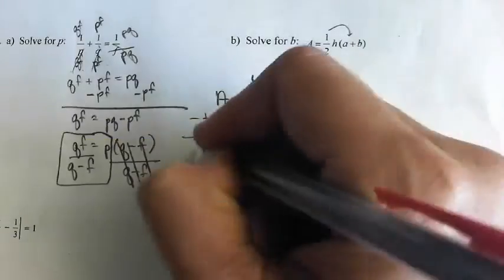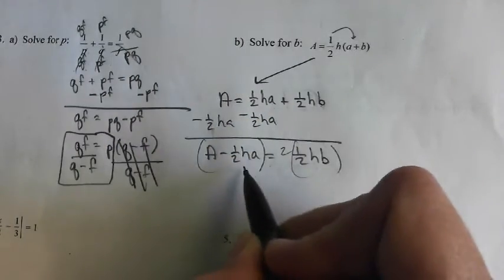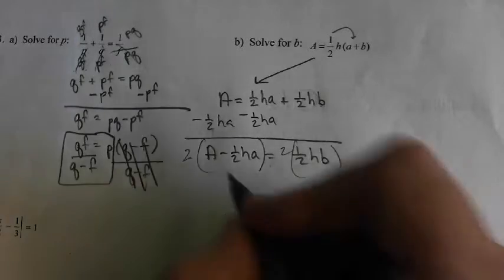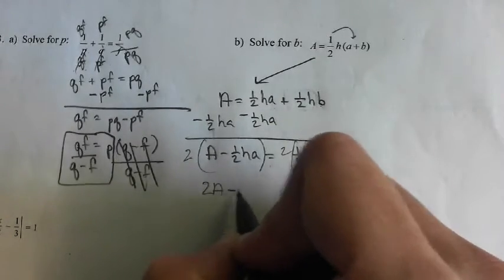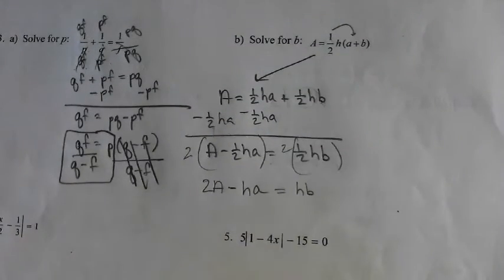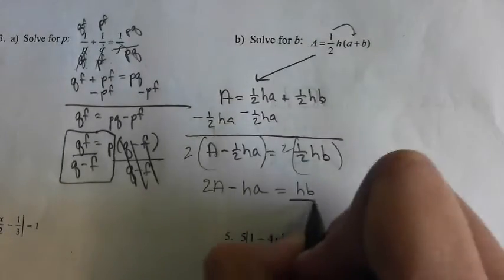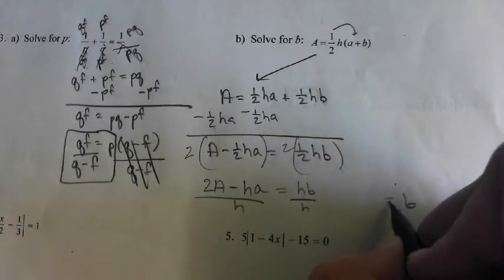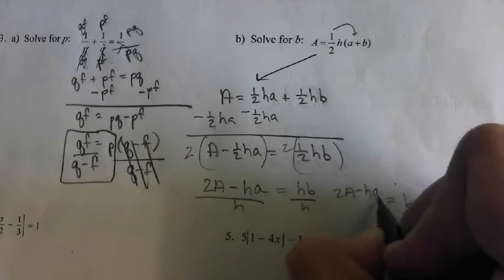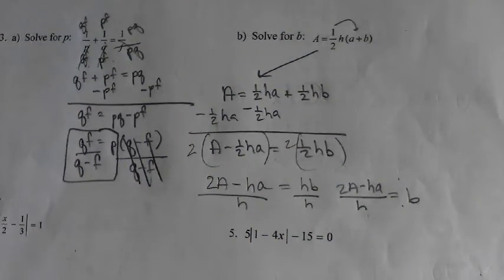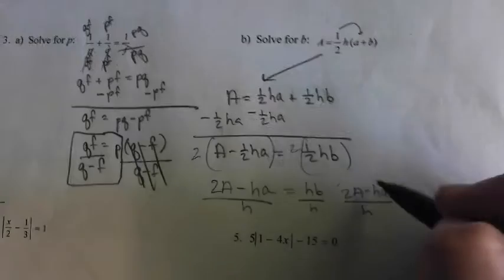First, multiplying by 2, keeping in mind that this is a binomial over here. So when you multiply it by 2, you're going to have to distribute that. You're going to get 2a minus ha equals hb, and then divide by your h. That way we don't have a complex fraction. If we did what you wanted to do, it's not wrong, you just have to then tackle the complex fraction because you can't leave a complex fraction in your answer. So it just makes it easier if you split that up into 2 steps.